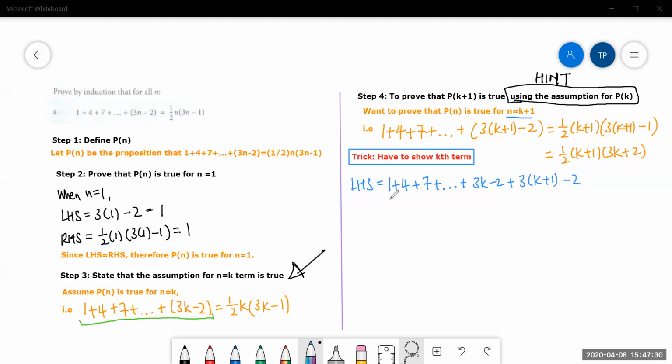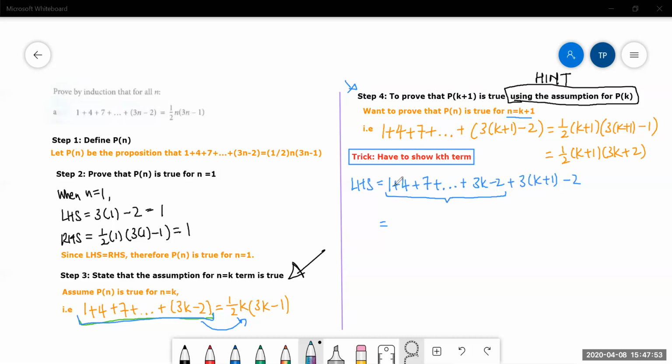From here, what we can see is that over here we have this, which gives us this. The whole point of step 3 was that in step 4, we want to prove that P(k+1) is true using the assumption for P(k).